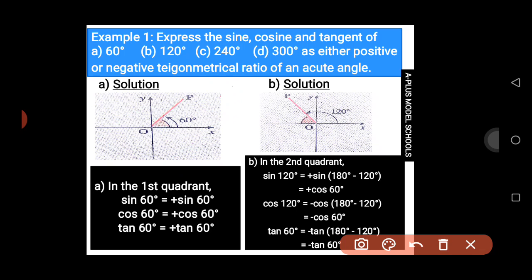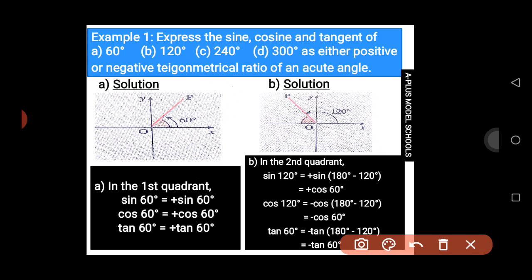That's why, in the solution to A, you see that in the first quadrant, sine 60 degrees will be plus sine 60 degrees, because it is positive. Same thing, cos 60 degrees will be plus cos 60 degrees, because cos is also positive. Then tan 60 degrees will also give us plus tan 60 degrees, because tan is also positive in the first quadrant.